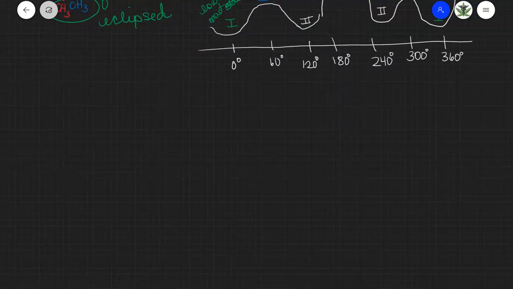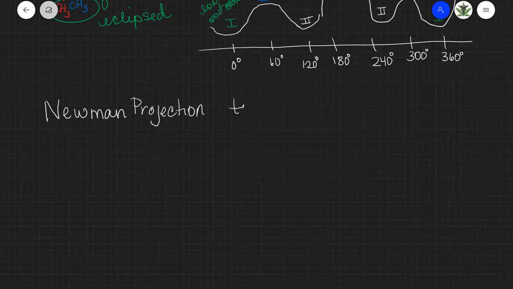Lastly, we want to add, how can we go in between different conformations? And one that you may see often is being able to go from a Newman projection to a sawhorse structure. So we already know what a Newman projection looks like. So let's go ahead and draw an example.